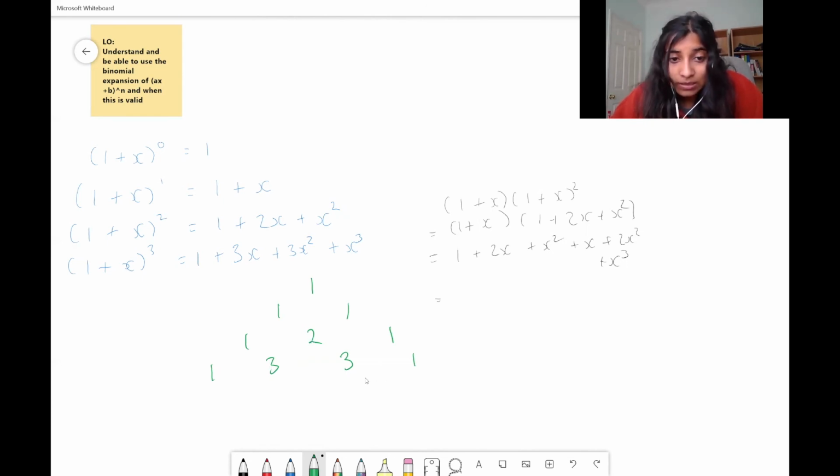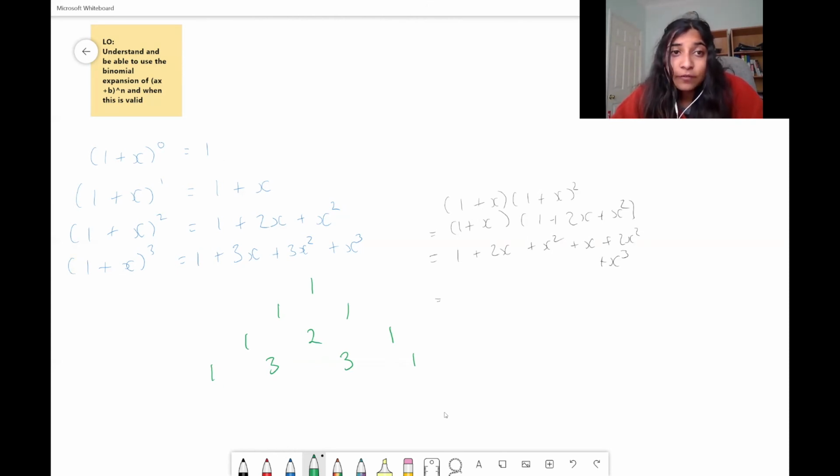And then this 3 is the sum of 2 plus 1, and then this 1 is the sum of 1 plus 0. And if you check the other values for yourself, you'd get the same result. So that's what's really special about binomial expansion. The pattern of Pascal's triangle will continue as you increase the value of the power for the binomial expansion.